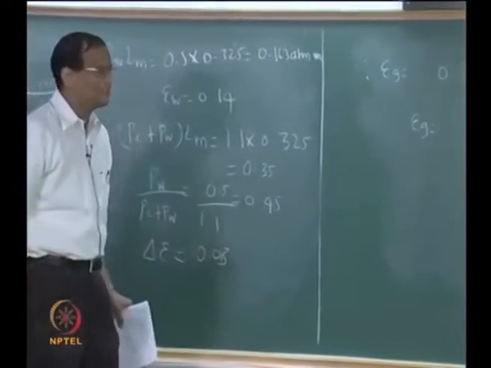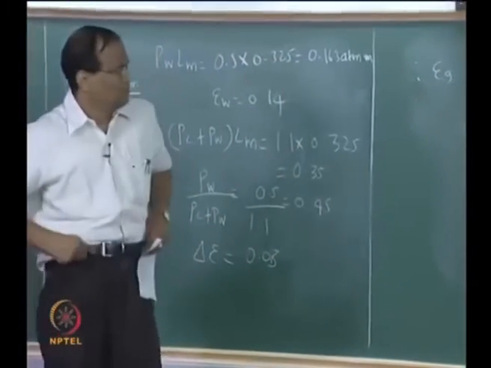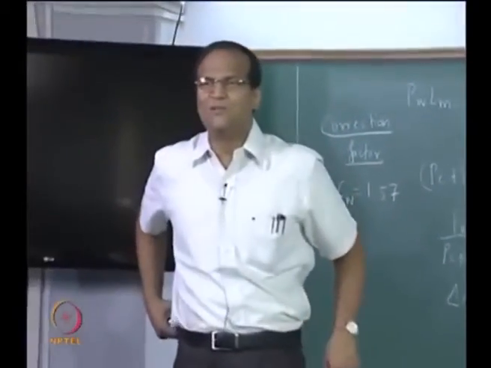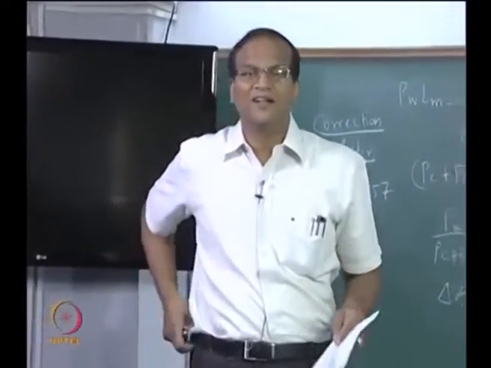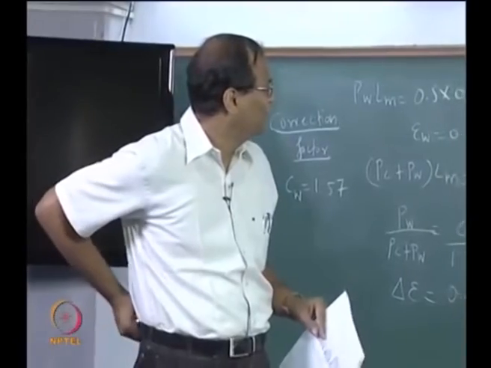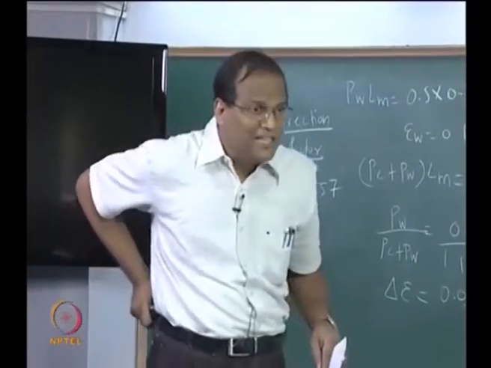It should not be 0.3, that's all. So what is epsilon g? You will get around 0.5 or 0.6 when you struggle and all this. What do you get? 0.36, okay.